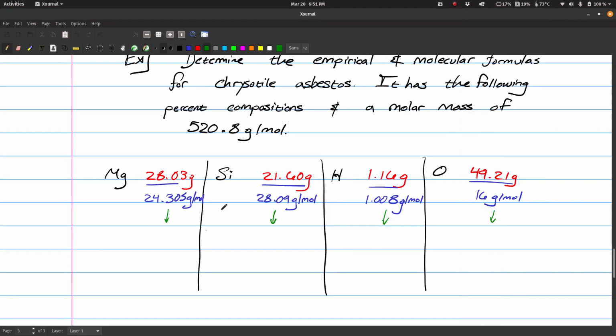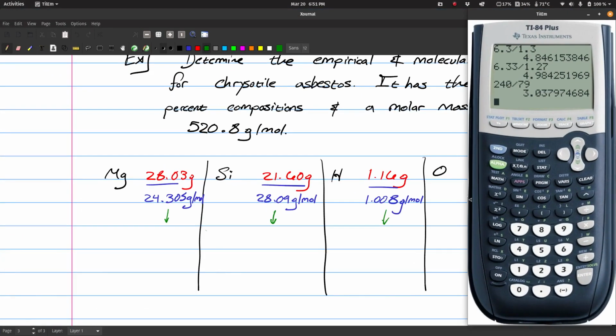By this point in your chemistry class, I'm assuming that you know how to do the dimensional analysis, so I'm just going through and doing this. But anyways, you have 28.03 divided by 24.305. That's going to give us about 1.15. 21.6 divided by 28.09. That's going to give us about 0.77.